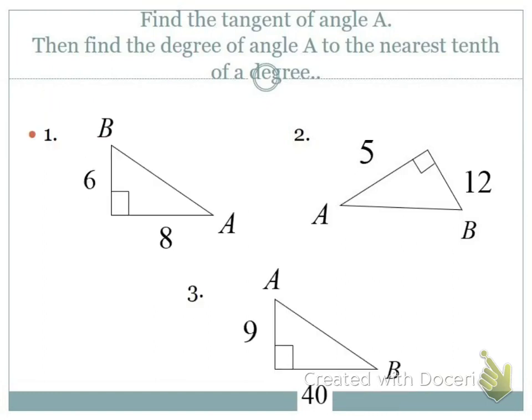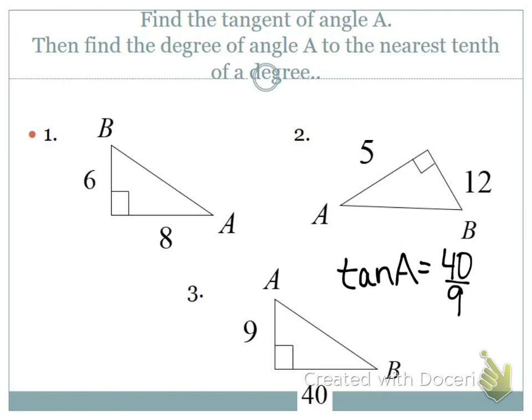All right, let's talk about number 3. First thing we need is to find the tangent of A. Who can help me out with the tangent of A? Mariah? 40 over 9.